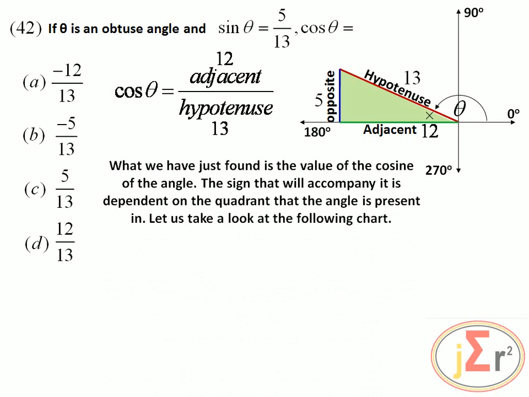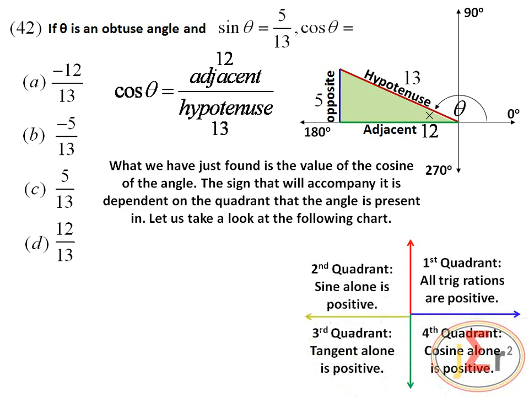So let us take a look at a chart. So we know that the value is 12 over 13. We need to know what sign it will have, whether positive or negative. So there is our chart. Our chart is saying that this is the first quadrant, where all trig ratios are positive.